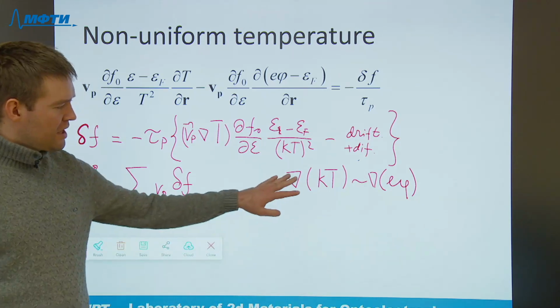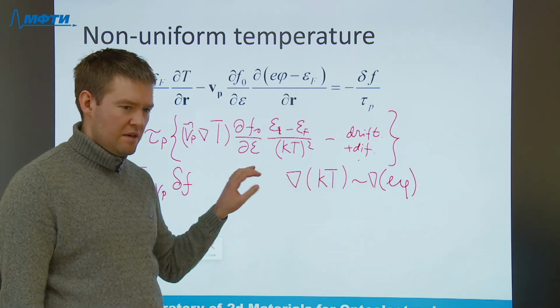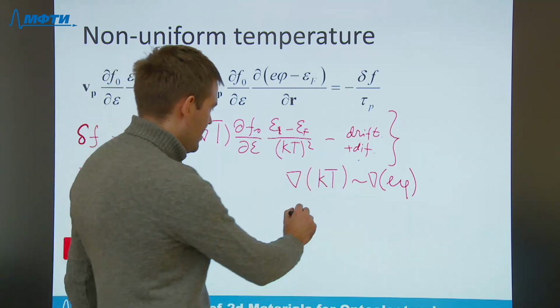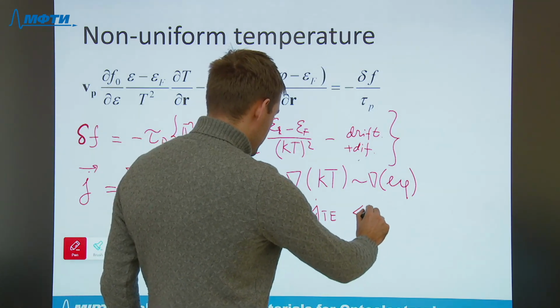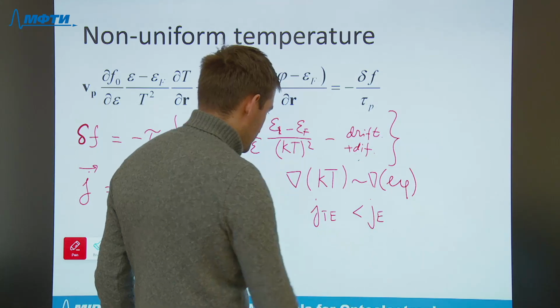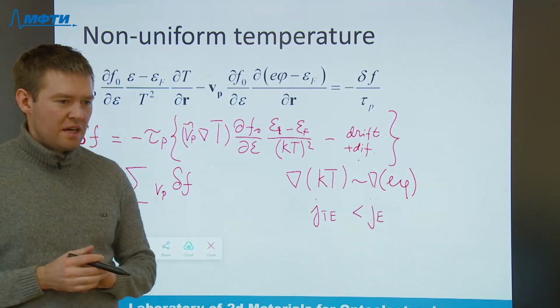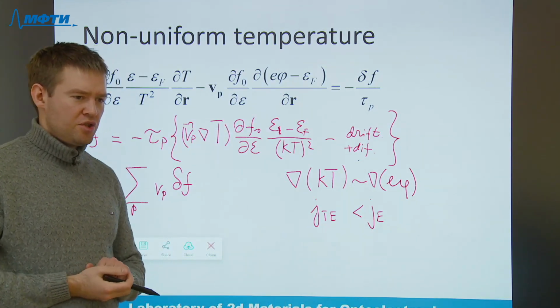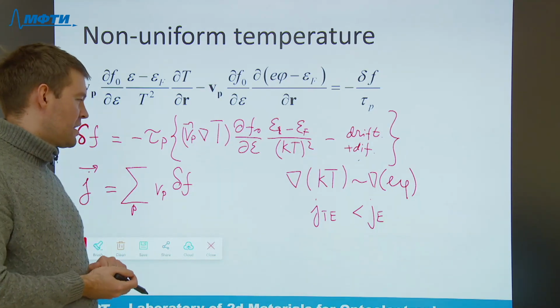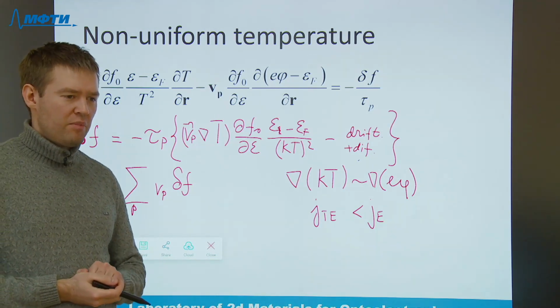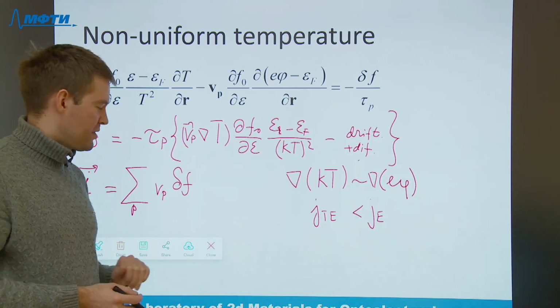The thermoelectric current, at least in metals, would be much weaker than electric current. So temperature doesn't induce such strong driving of electric current in comparison with pure electric field.